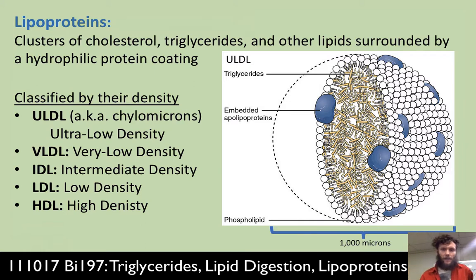Just take it for granted that there are all these various proteins, which as a category are called apolipoproteins. You see the name there on the little white diagram, embedded apolipoproteins. There are not enough hours in the day for me to cover everything I want to cover. So we'll pick up with that.